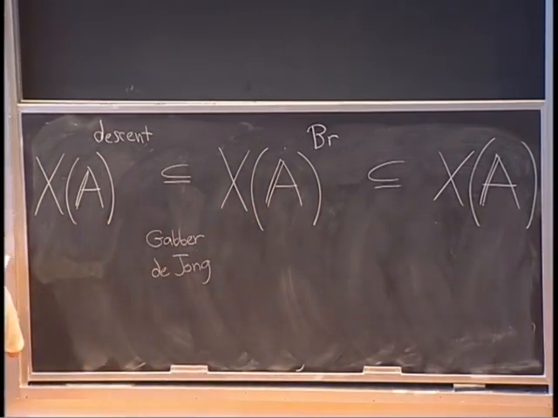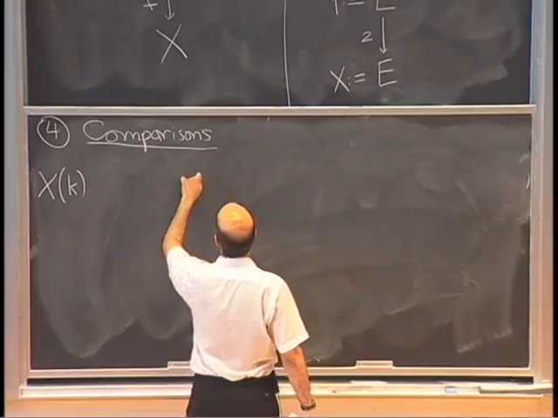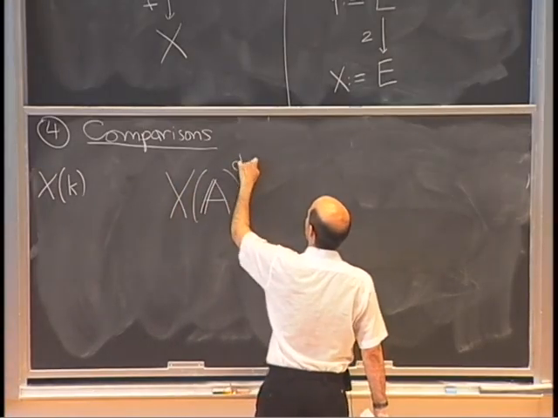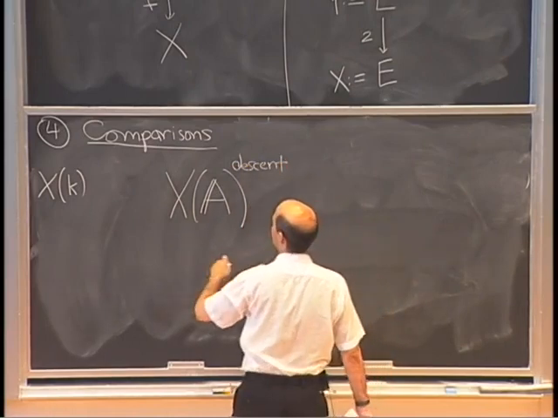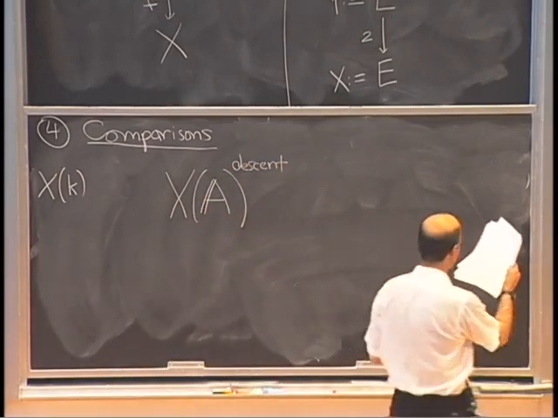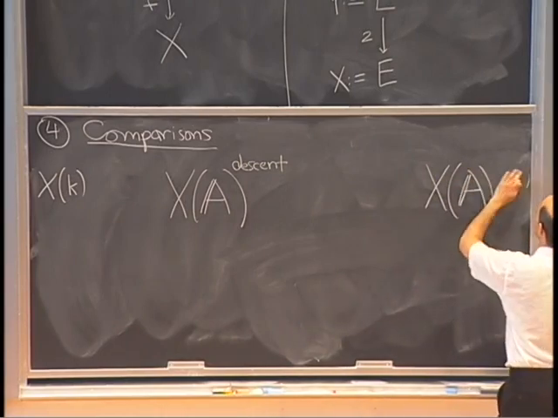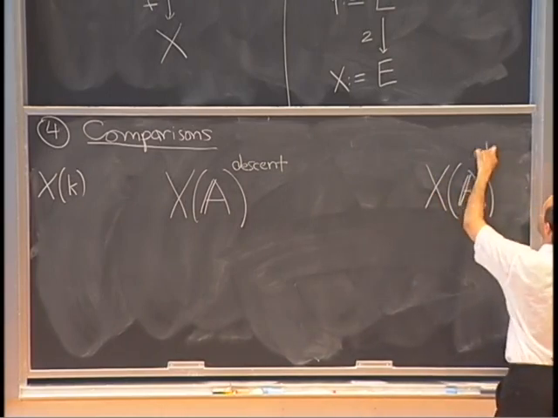Okay, and now, on the other hand, let me copy the descent group over here. And now there's also the étale Brauer group that I just introduced on the left board.